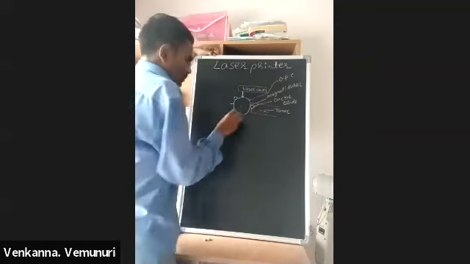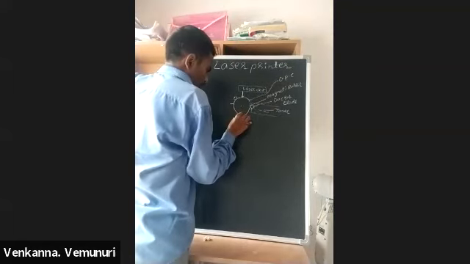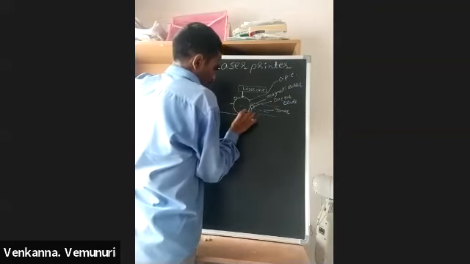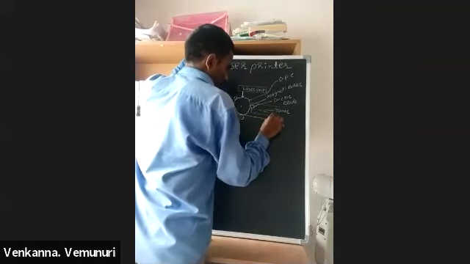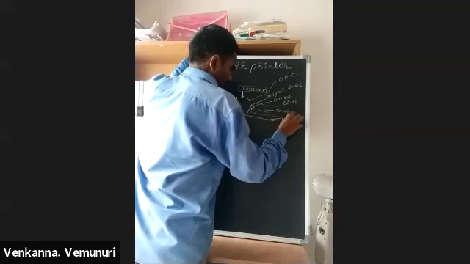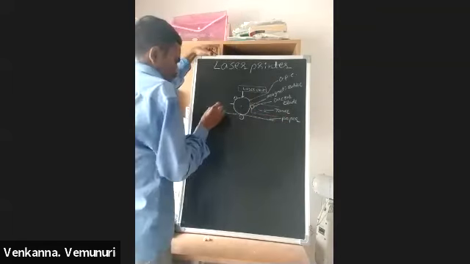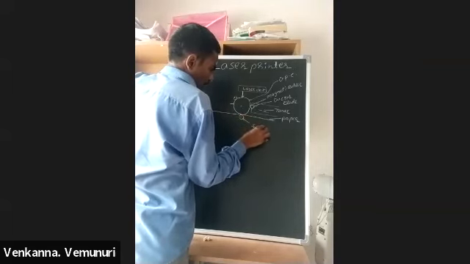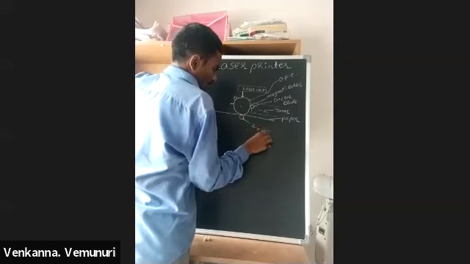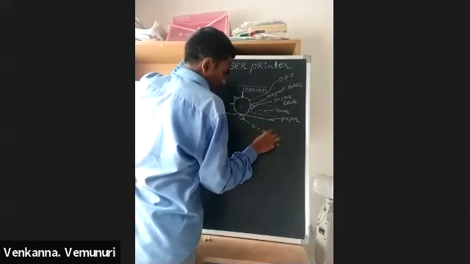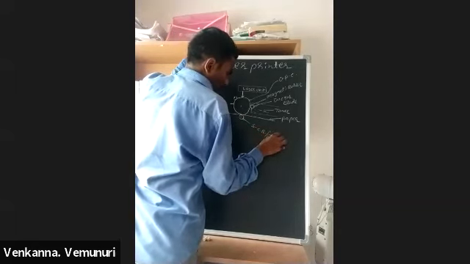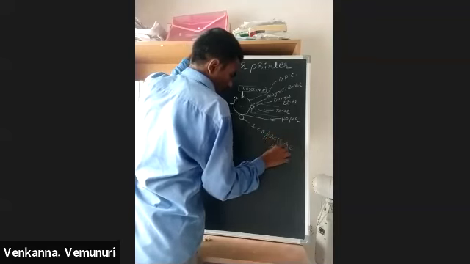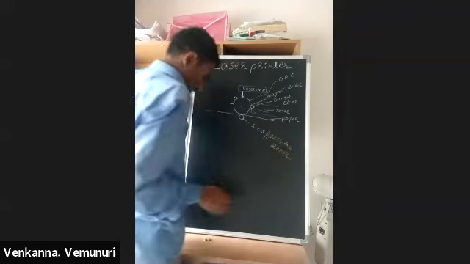OPC. And this is the paper. And this is called the secondary corona roller, or generally we call it the pressure roller. Pressure roller.